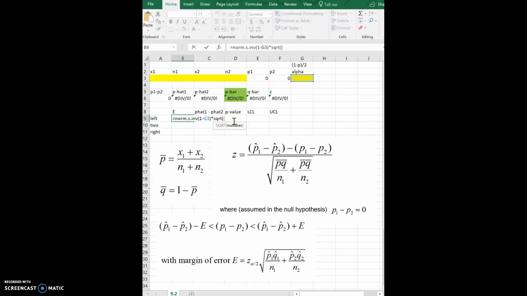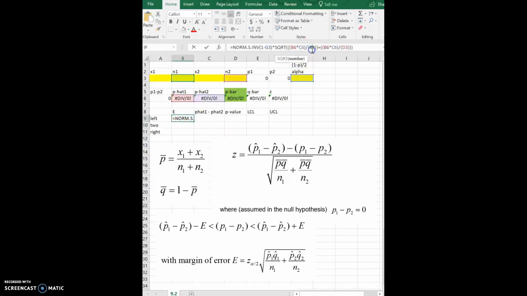So open parenthesis, then we're going to do p hat 1, p hat, times p hat 2, close parentheses divided by open parentheses and 1, and I'm just following that formula down there if you want to follow with me, plus open, then p hat 1 times p hat 2, close parentheses divided by n2. It's the same thing as the denominator of your z. Close parentheses, and I think I need a few more in there, and I think that should be good.